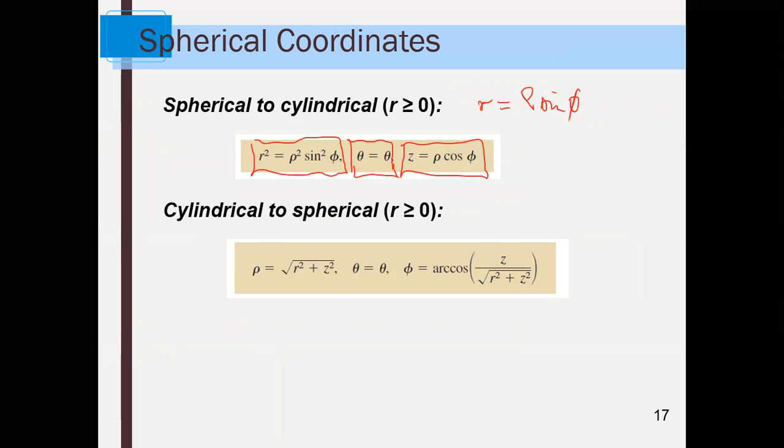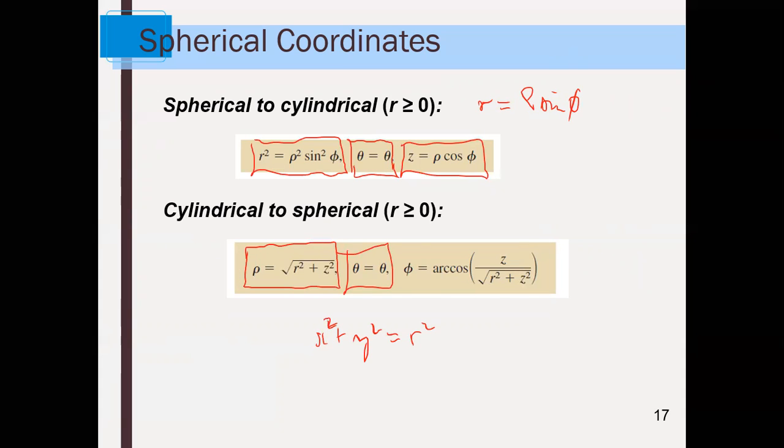What is rho? If somebody hands me the cylindrical coordinates, rho is equal to the square root of x squared plus y squared plus z squared. Then I just replace x squared plus y squared with r squared, correct? You know that x squared plus y squared is equal to r squared. Theta is theta. And what about phi?